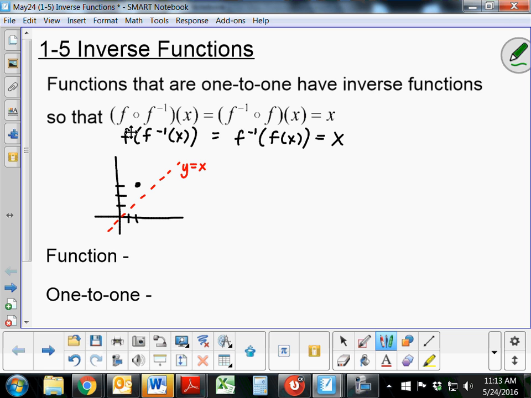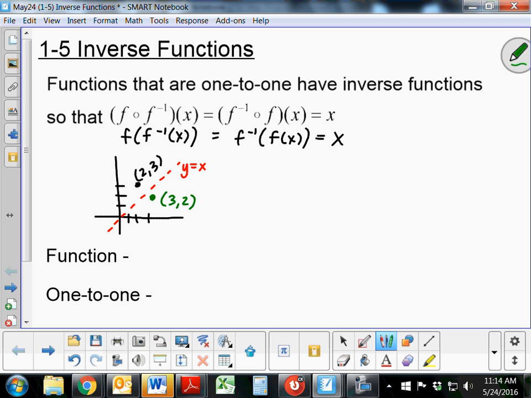In order to reflect over that line, I would end up at 3, 2.